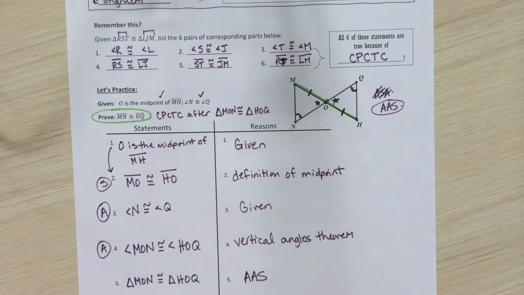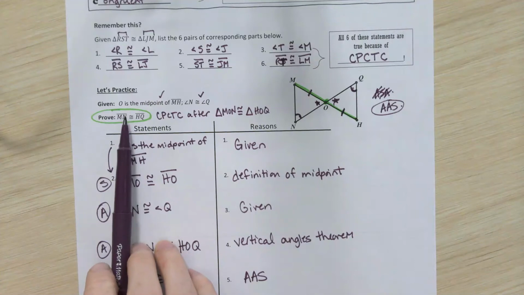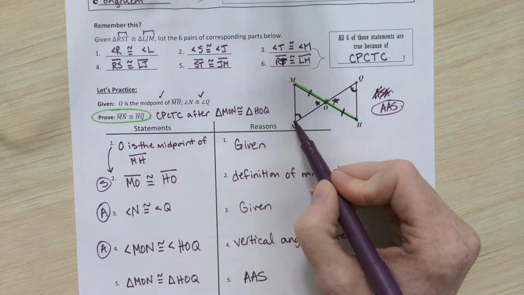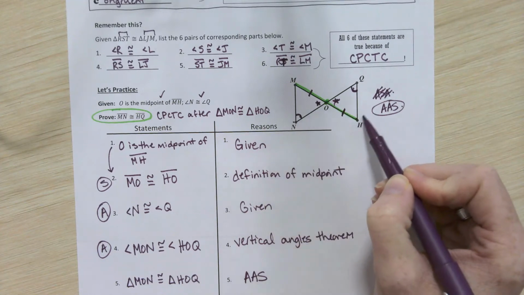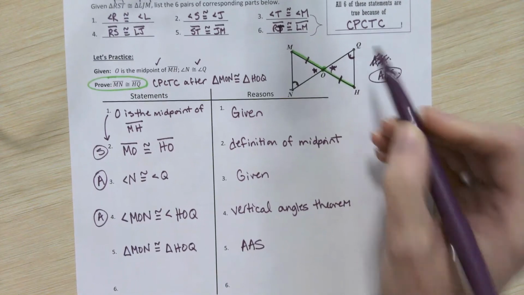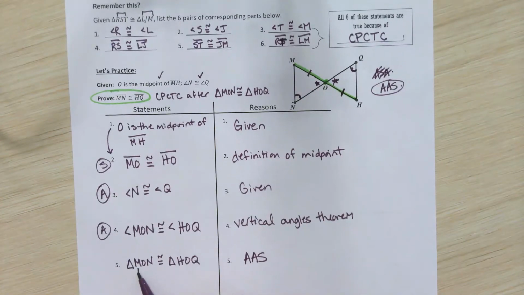Oh, before, our proof would have been finished. But that wasn't the goal today. The goal today was to show that MN over here is congruent to HQ over there. If you look at your triangle names, does MN correspond to HQ?